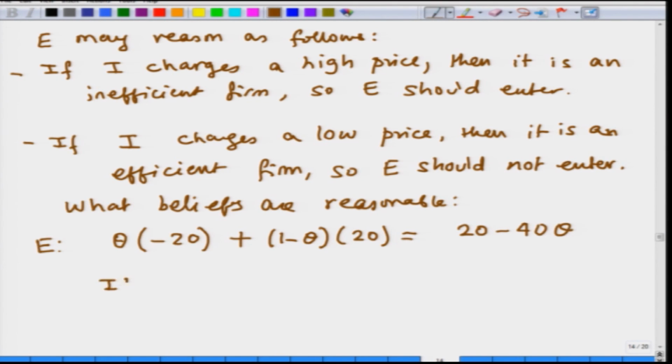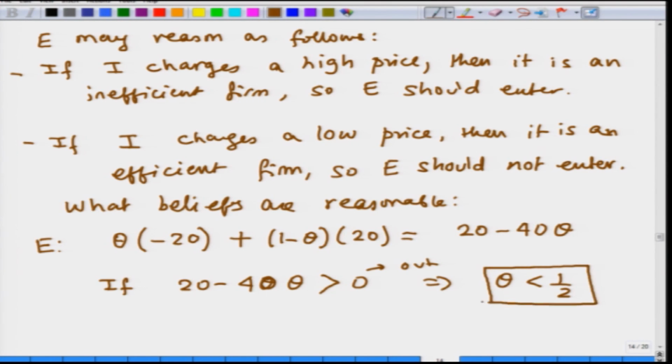So, if 20 minus 40 theta is greater than 0, which is its profit by staying out, which essentially means that 20 is greater than 40 theta, so theta is less than half. So, if the entrant believes that theta is less than half, it will enter.